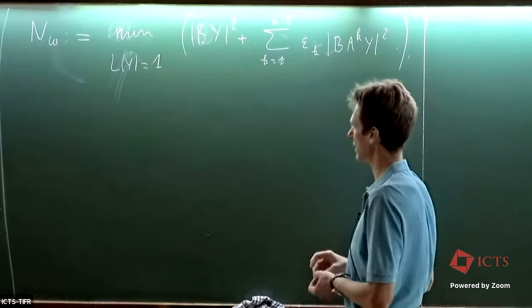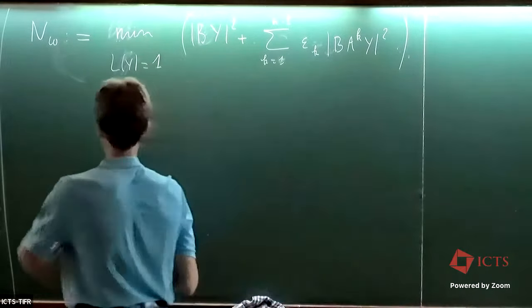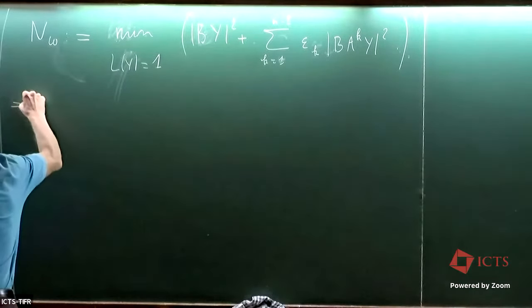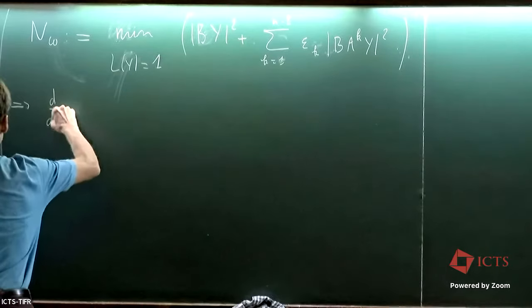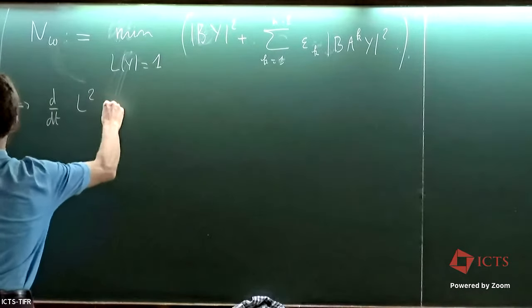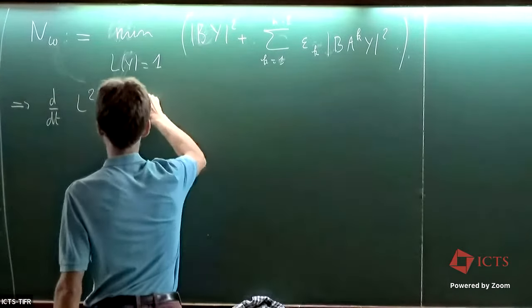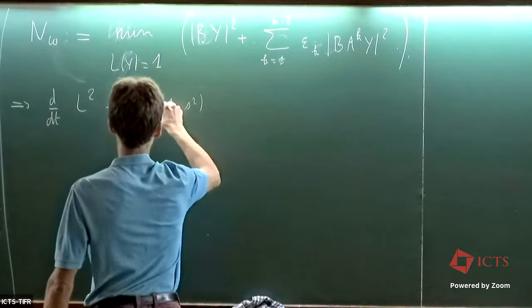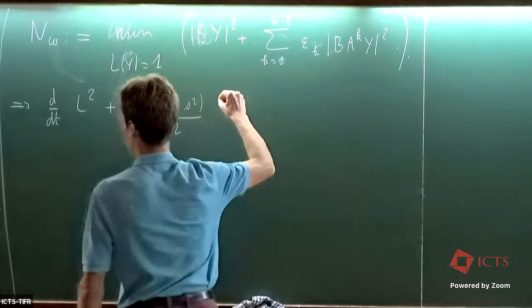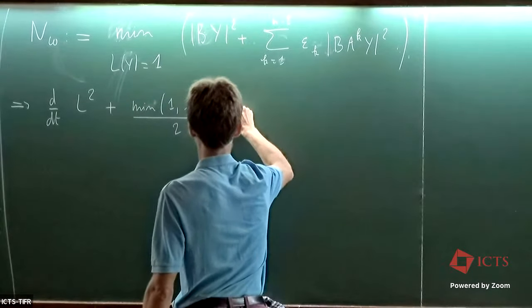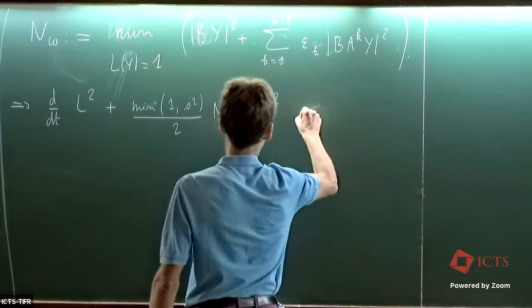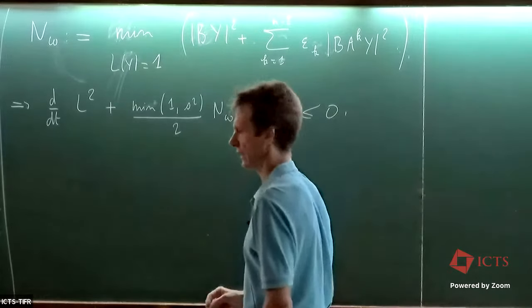This is non-negative. And okay, so now once you define this quantity, clearly you have this relation plus minimum of 1 and s square divided by 2 n omega L square, and you have exponential decay.